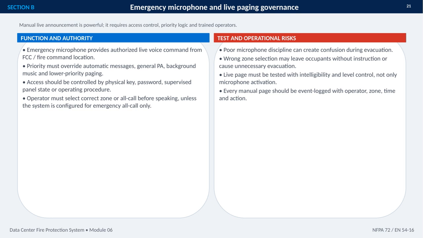Testing must confirm intelligibility and sound level, not merely that the microphone activates. Finally, every manual page should be logged with the operator, selected zone, time, and action taken. These practices support the governance expectations associated with NFPA 72 and EN 54-16.